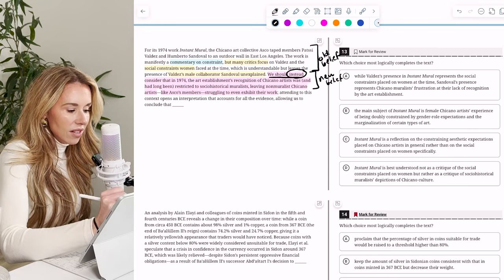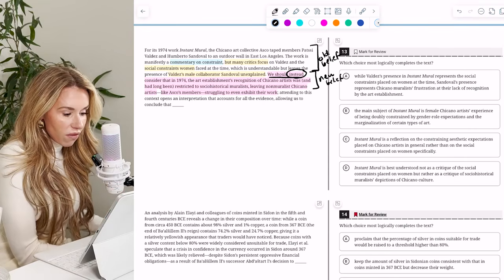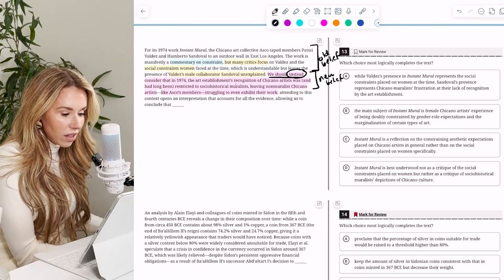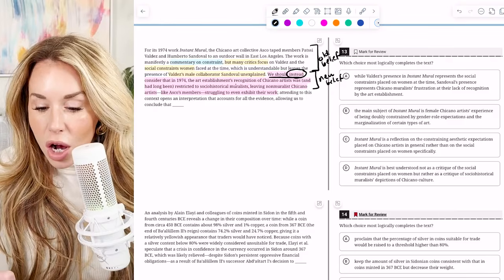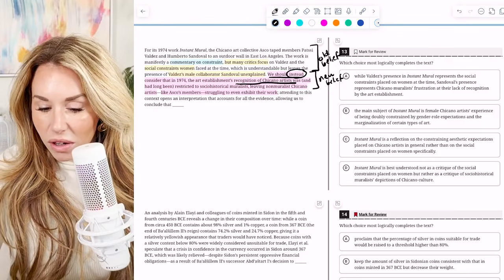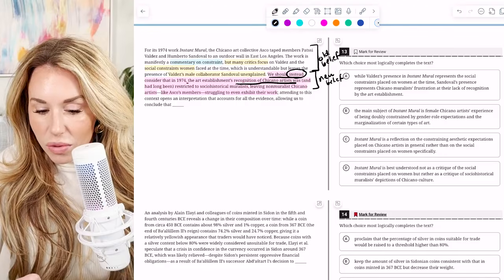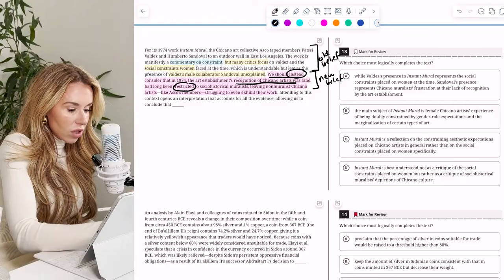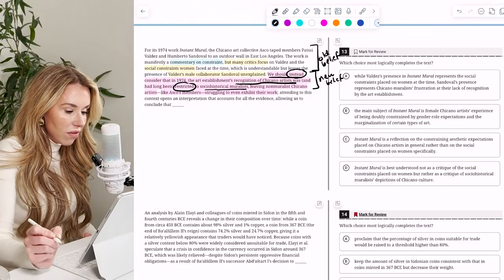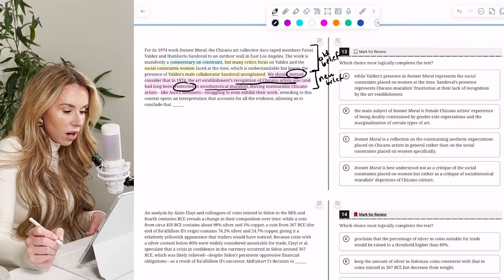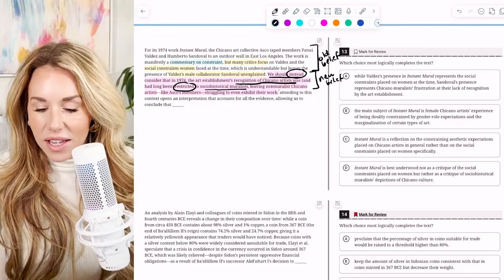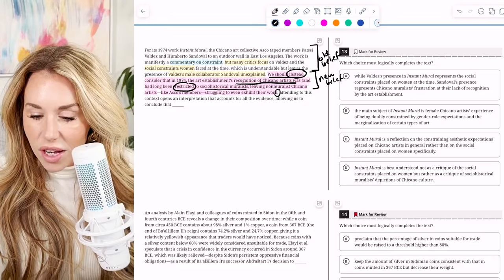So we should instead consider that in 1974, the art establishment's recognition of Chicano artists was, and has long been, restricted to socio-historical muralists, leaving non-muralist Chicano artists struggling to even exhibit their work. Interesting. That's the issue. So here's a semicolon.